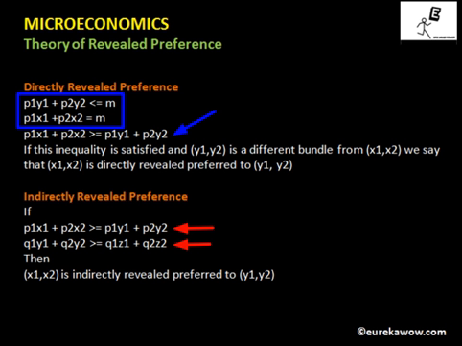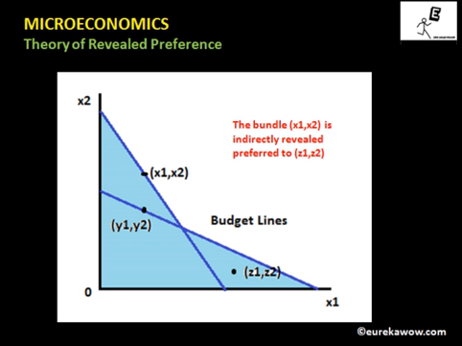Now we will look into the graphical representation of indirectly revealed preference. In this diagram we can see that the bundle x1, x2 is directly revealed preferred to the bundle y1, y2. Why? Because the bundle y1, y2 lies inside the budget line on which x1, x2 lies. As a result, it is less costly as compared to x1, x2.